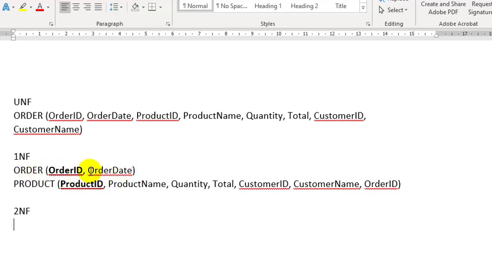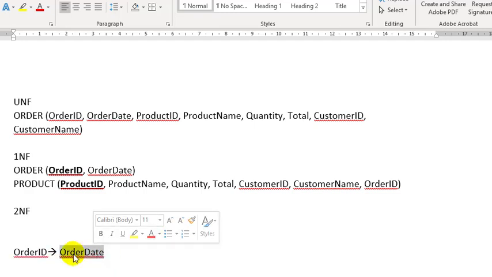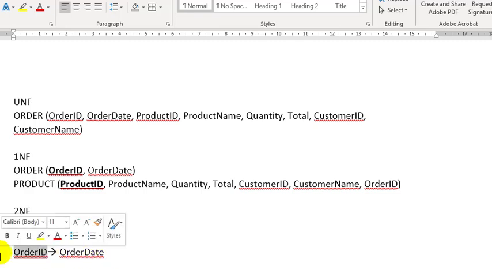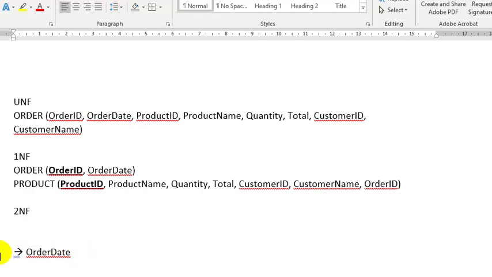So in order, the primary key is order ID, so the non-key attribute is order date. No other attributes. So the order date is functionally dependent on order ID. Without the order ID, you cannot explain the order date.